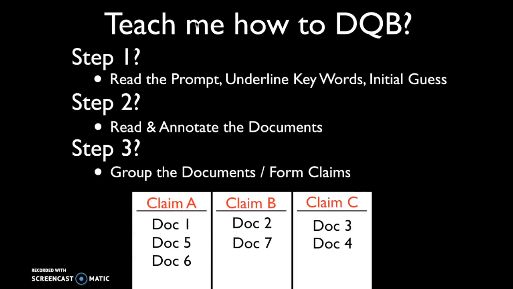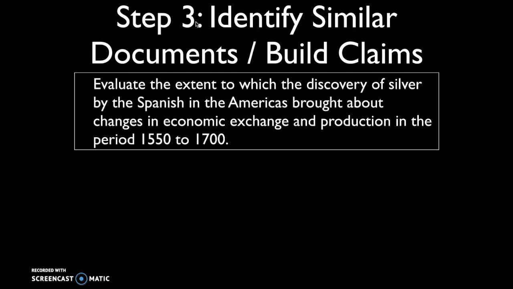Then you are going to start building some claims, which will be useful for step 4, which is your thesis writing. Now, before we get to the thesis writing, I want to just remind you, when it comes to claims, there are some tricks, especially if you're doing a DBQ that requires you to work with the skill of CCOT, or continuities and changes over time. Here the word changes should alert you that that's what you should be focusing your essay on.